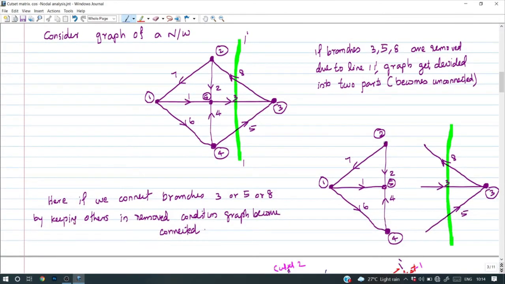Here we removed branches 3, 5 and 8 due to this imaginary line 1, 1 dash, so the graph becomes unconnected. It is to be noted that when we connect either 3 or 5 or 8 to this subgraph, the graph becomes a connected graph.